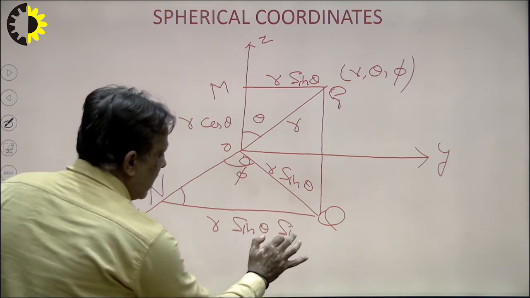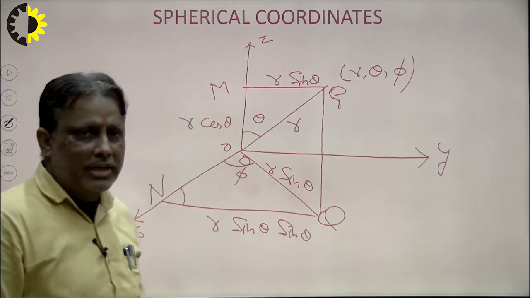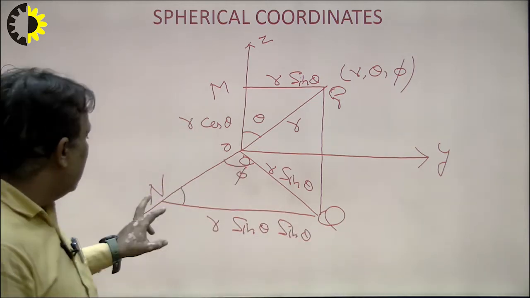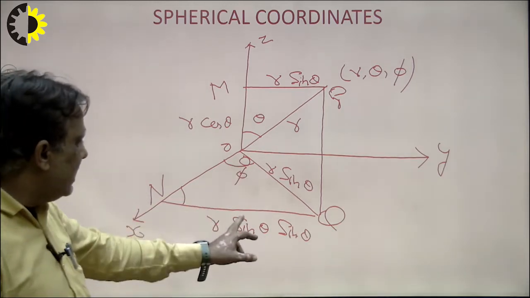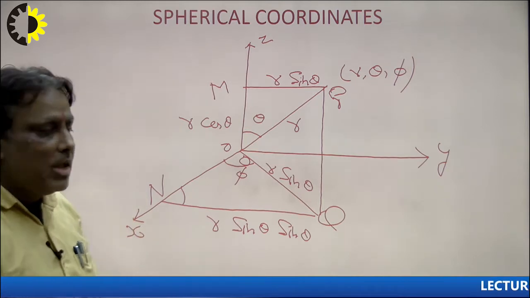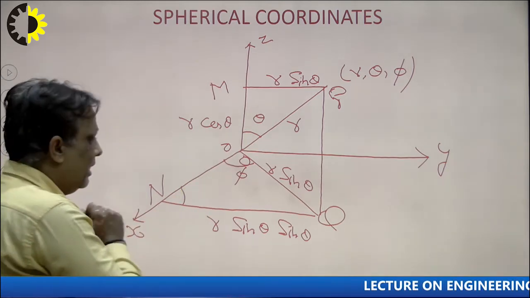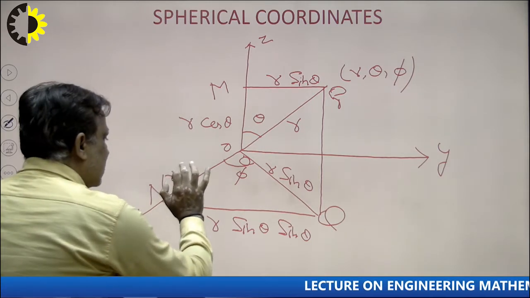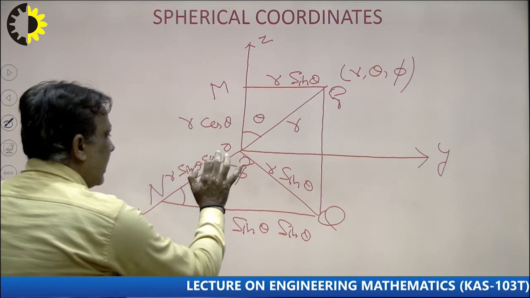How do I explain it? OQ is the hypotenuse, this is a 90 degree angle, and NQ is the height. So how to calculate it? That means the opposite side, and the opposite side is in sine, corresponding to the angle. So what will be this side? r sin theta, I write here, into cos phi.